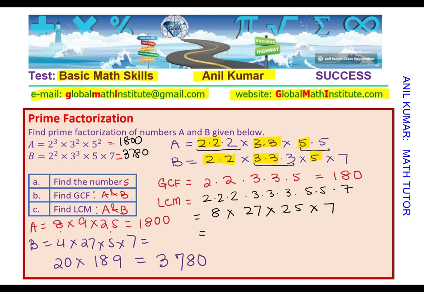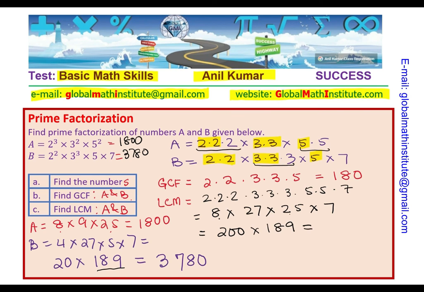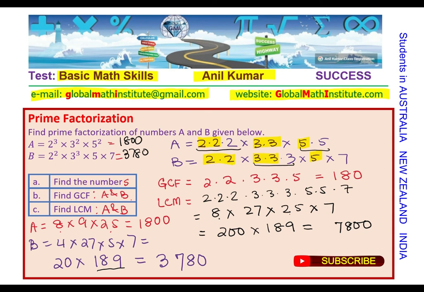So we'll multiply 8 and 25, we get 200, times 27 times 7, which is 189. We got it here. So when you multiply, you get two zeros and times 2. 2 times 9, 18, 8, 1. 2 times 8, 16 and 1, 17, 1. 2 times 1, 2 and 1, 3. So we get 37,800 as our number.